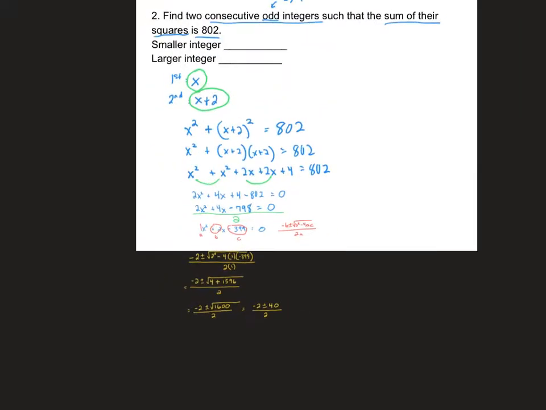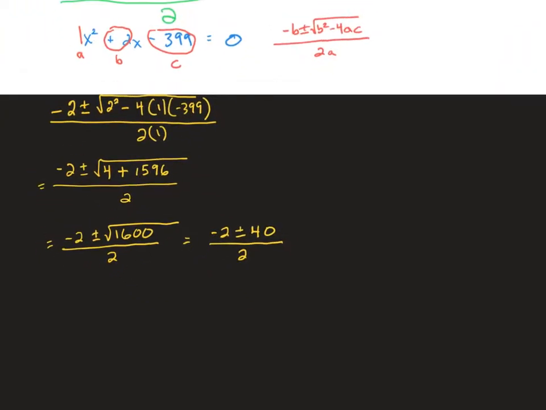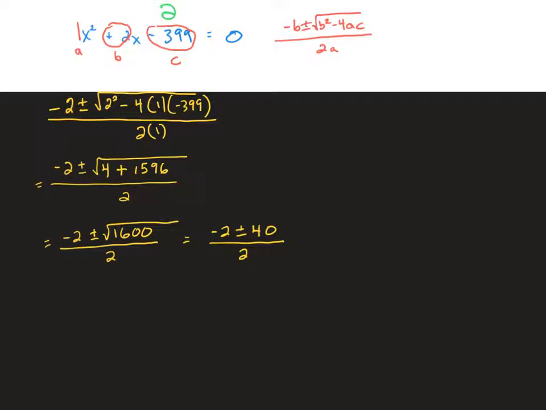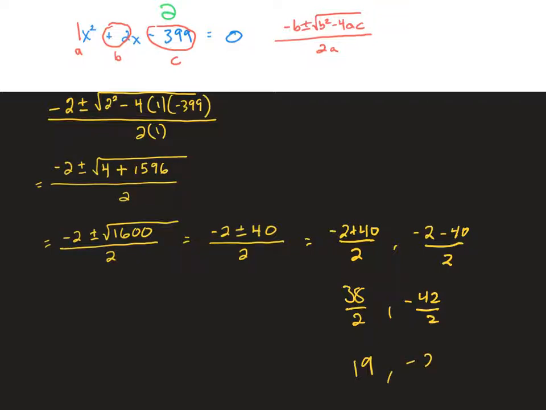And here we're just talking about consecutive odd integers, so these can be positive or negative. So here we've got negative 2 plus 40. Since they're like terms, we can go ahead and put those together, divided by 2. You can also do negative 2 minus 40 divided by 2. So negative 2 plus 40 is 38 over 2. Negative 2 minus 40, negative 42 over 2. So we get 19, and we also get negative 21.